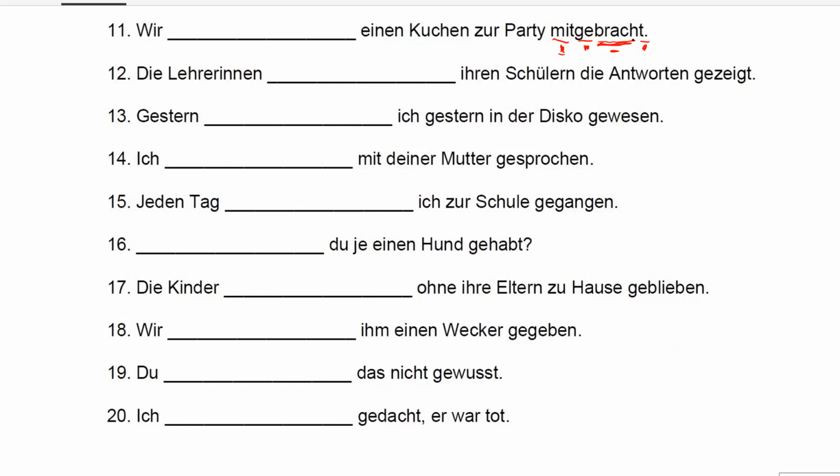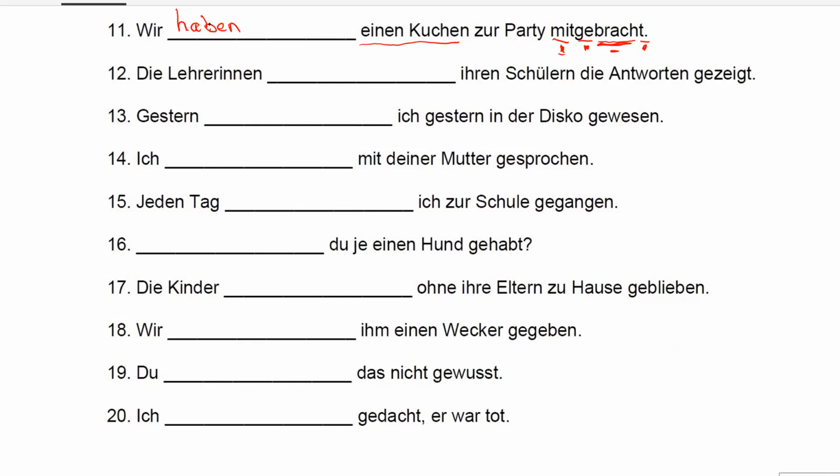It is also a transitive verb, which means we have a direct object here, which is why einen Kuchen is there, and that's that direct object of our sentence. So we need the wir form of haben in this sentence, and so we would say haben, which is wir haben einen Kuchen zur Party mitgebracht. We took a cake to the party.